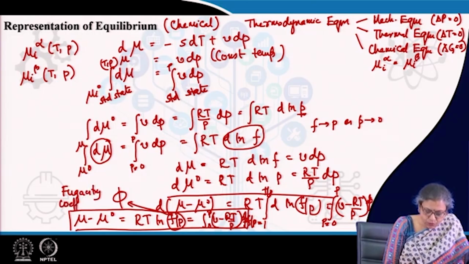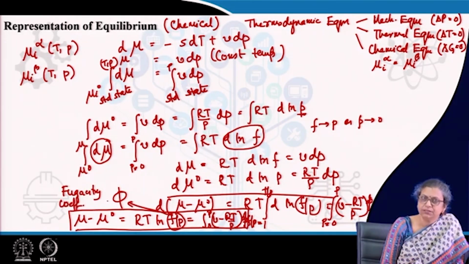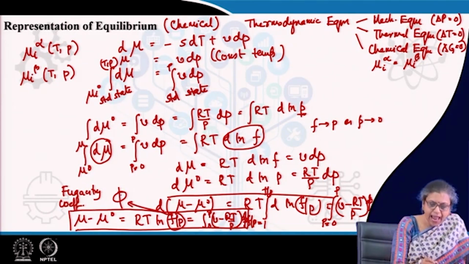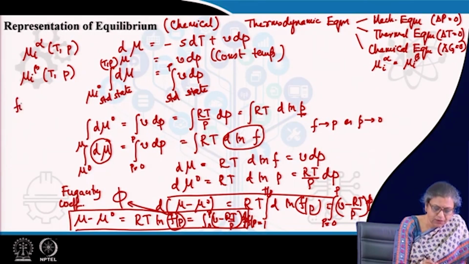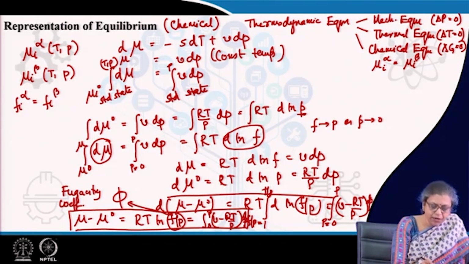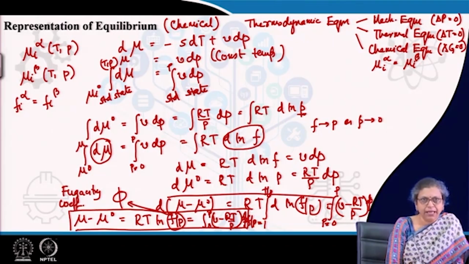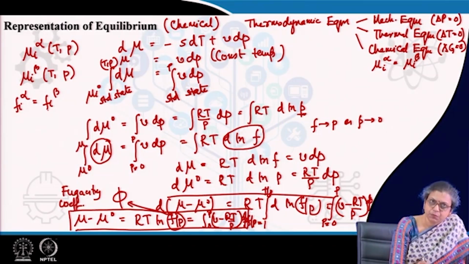And since we know fugacity under some conditions, it was felt that we can replace mu with fugacity, and write down all the things which were written in terms of mu just in terms of f. For such a condition, we find that fi alpha will be equal to fi beta for any component i if the component is pure.